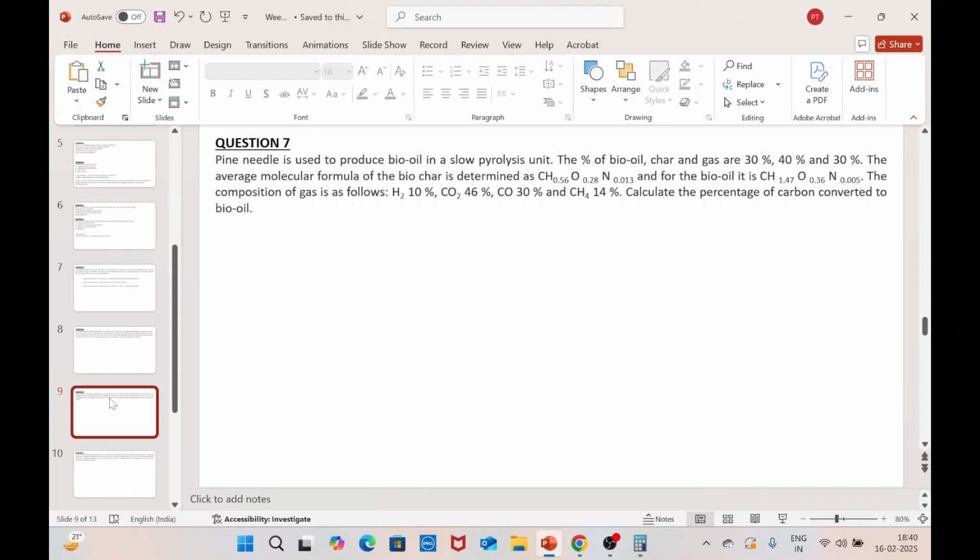It's a very simple one, so please let me know how to solve. Okay, of individual, both the biochar, bio oil, as well as the gas.